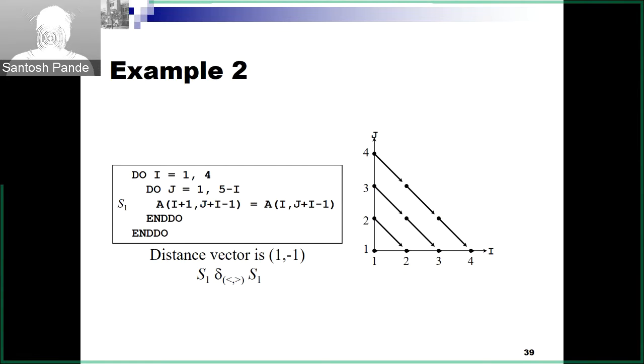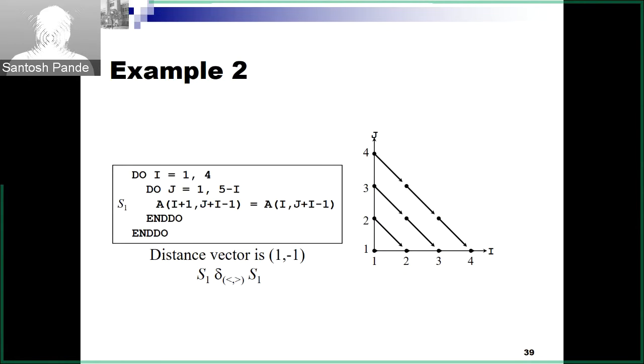That is, the actual generation of the dependence is borne by the I loop, and then in the next iteration of the I loop is when the dependence is being consumed. So it's a flow or true dependence that is being generated and it's enforced by I.